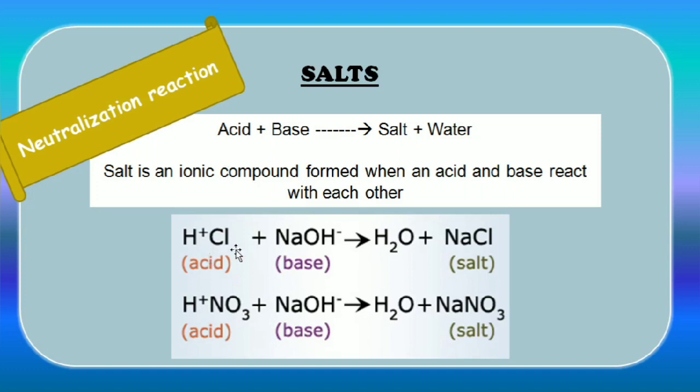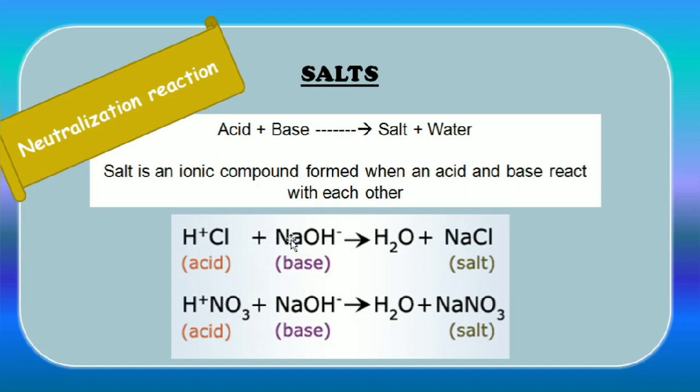We will take an acid, HCl, hydrochloric acid, which is a strong acid, and NaOH, which is a base. When we mix these, they will first dissociate. HCl will dissociate into H plus and Cl minus. The base will dissociate into Na plus and OH minus. Now they will start exchanging.